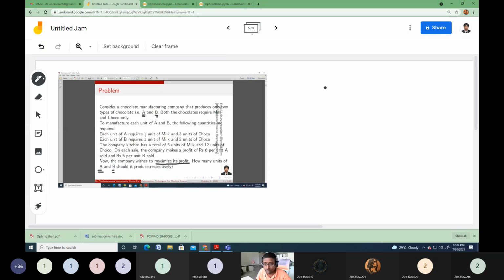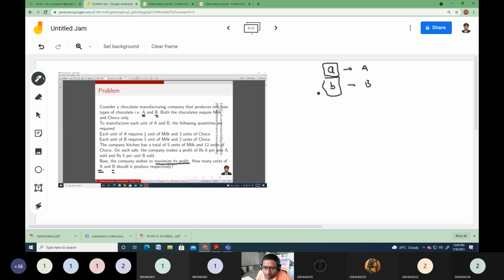Let's assume these are decision variables, where A represents the number of A type chocolates and B represents the number of B type chocolates. I have to calculate the value of A and the value of B. As of now, they are variables.